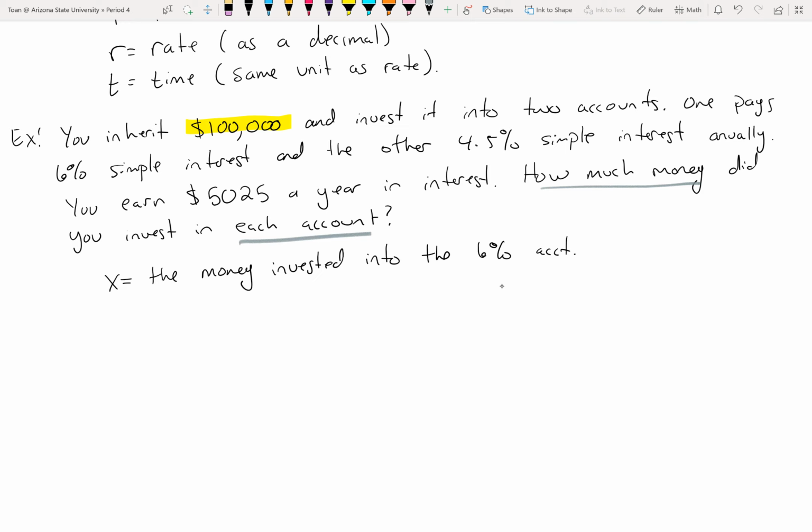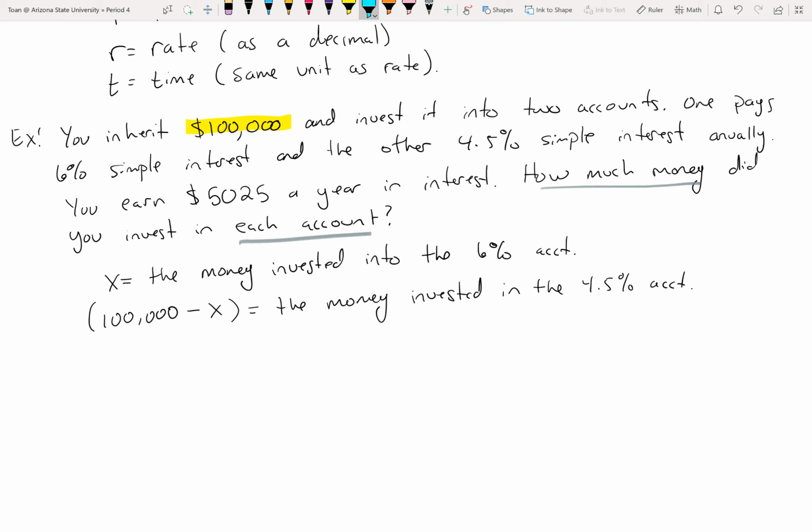When you want to find leftovers, the remaining amount, that's a subtraction problem. So if I have a total of 100,000, and I invest X amount into one account, 100,000 minus X should be the money invested in the other account, the 4.5% account.